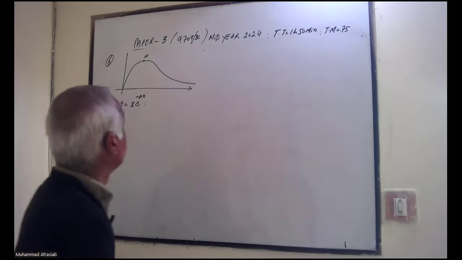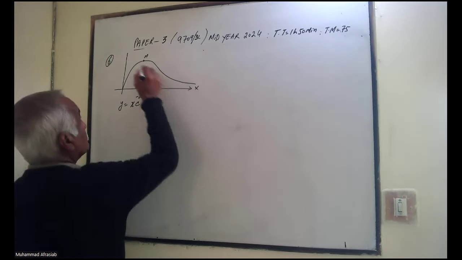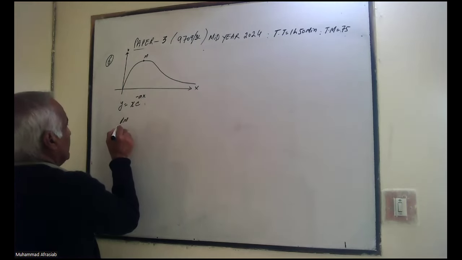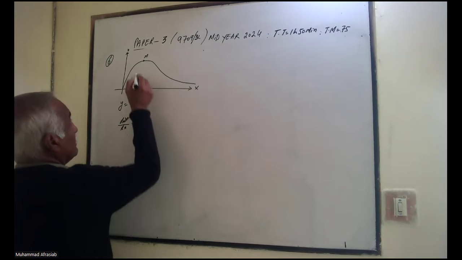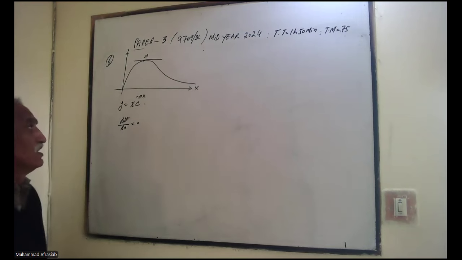Since M is the turning point of this curve, you are going to find dy over dx and set it equal to 0, because at the point M the tangent is parallel to the x-axis, which means it is a turning point. So we have to find dy by dx equal to 0.